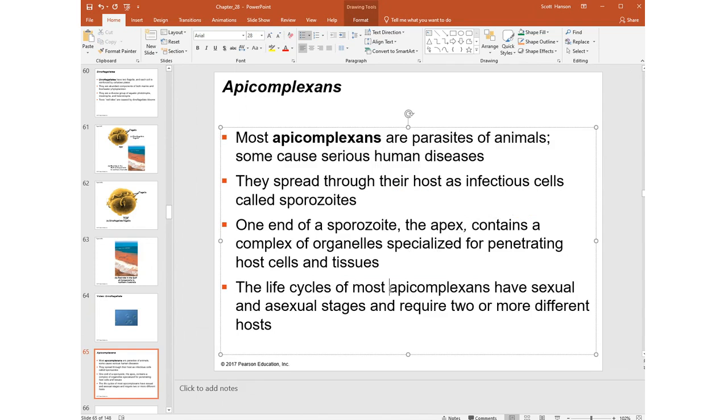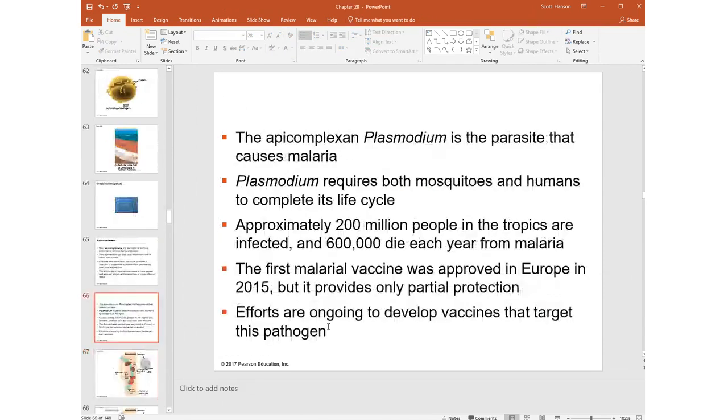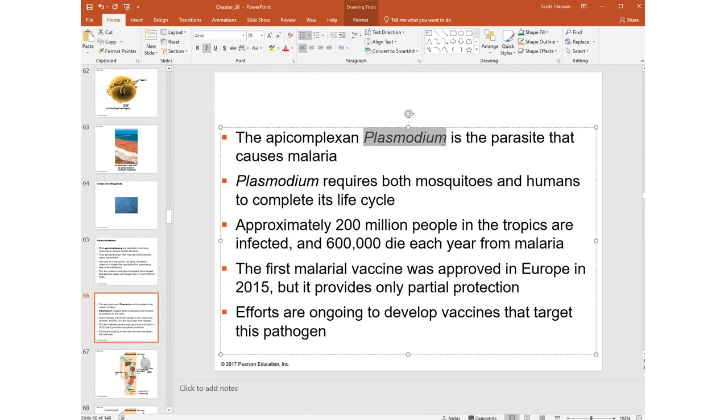And they have a kind of life cycle as well. They have sexual and asexual stages, and require two or more hosts in different stages of their life cycle. So it's an interesting complex life cycle. The apicomplexan genus Plasmodium has a few different species in it.